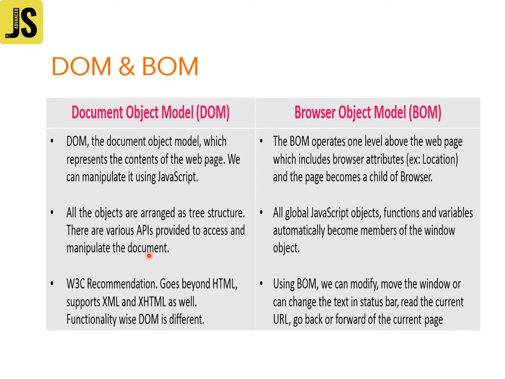In case of DOM, there are different types of objects. For an HTML web page, there are different HTML components. All these components are treated as objects, and these objects are represented in the format of a tree in DOM. And there are various APIs provided to access and manipulate the corresponding document.